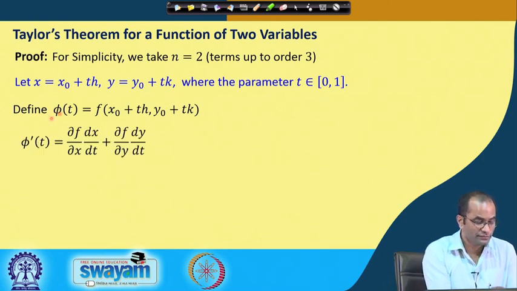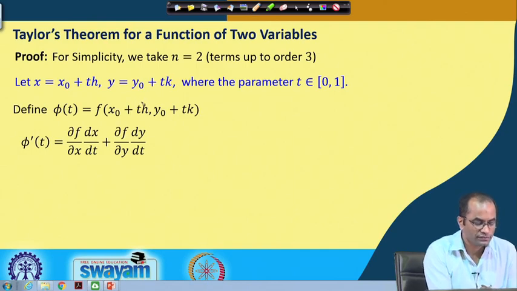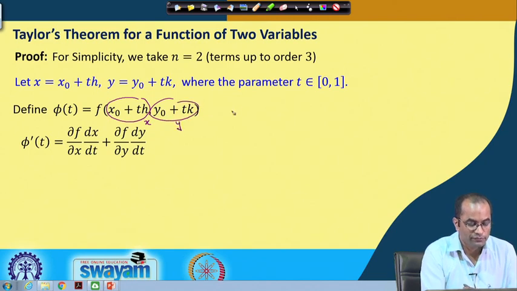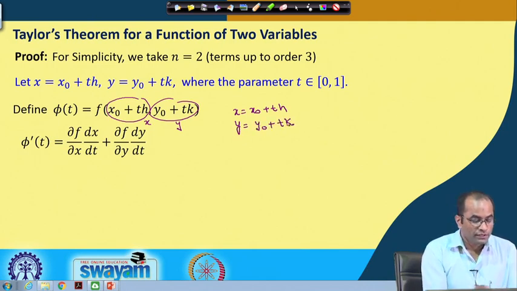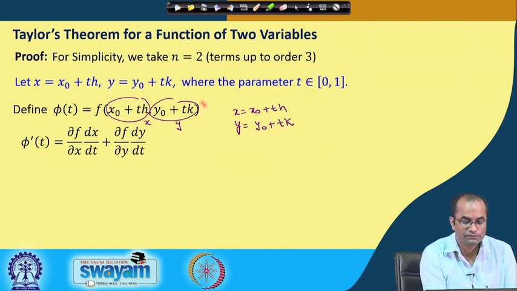Therefore, we have defined this as a function of t, a function of one variable. And for a function of one variable, we can get the derivative with respect to t. Remember this is like a composite function, where x is x0 plus th and y is y0 plus tk. By the differentiation we have learned before, we can compute phi prime t, the derivative of phi with respect to t, because this is a function of one variable when x and y are given in terms of t.